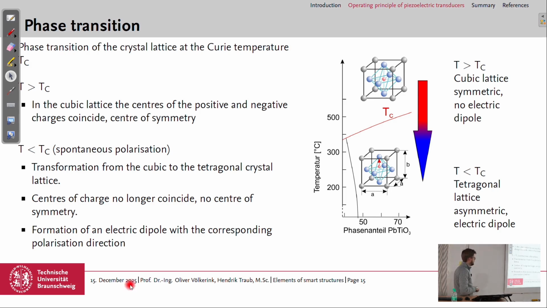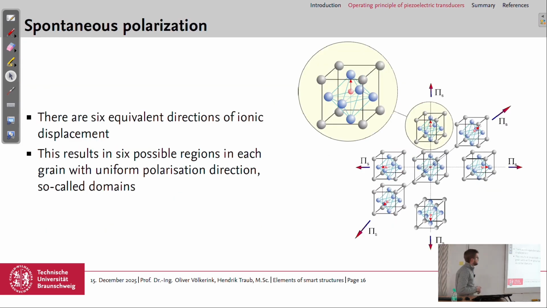With that, we form an electric dipole with the corresponding polarization direction, so in the direction where the element moves. This can happen in 6 equivalent directions of ionic displacement. If you look in this coordinate system, the element in the middle can not only move up, but it can also move down, forward, back, left, and right. So you have 6 directions in total.